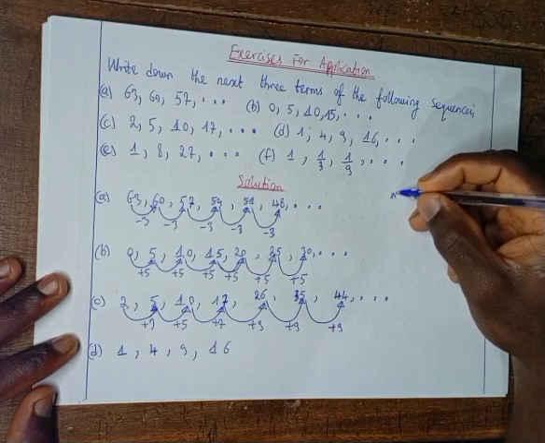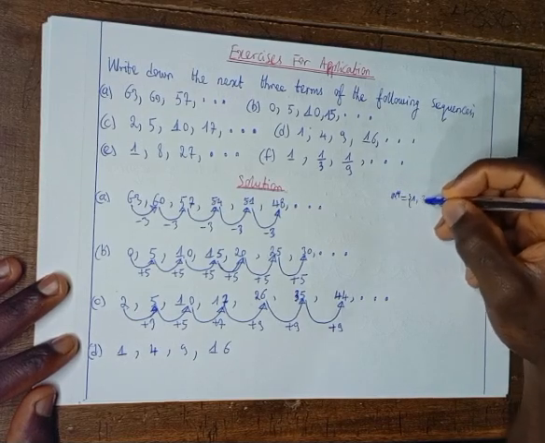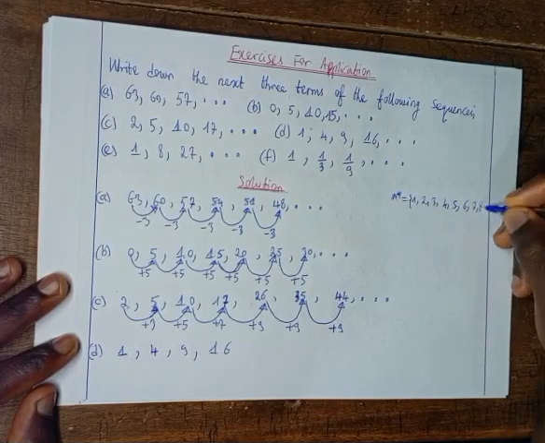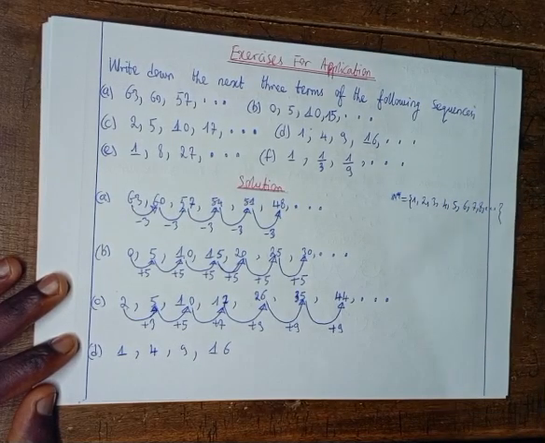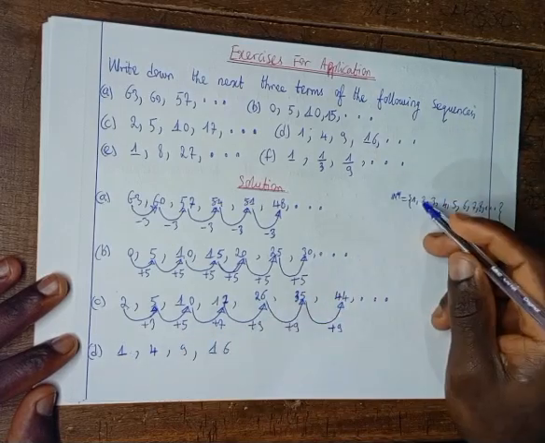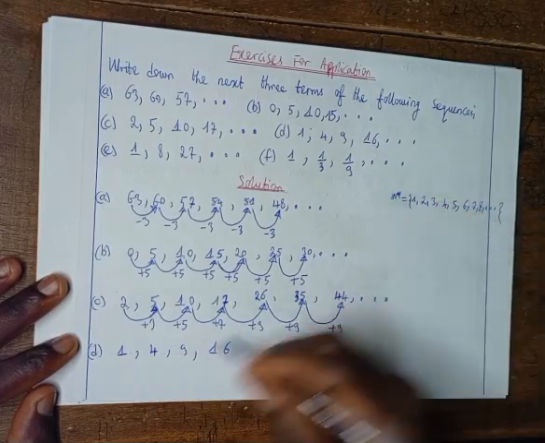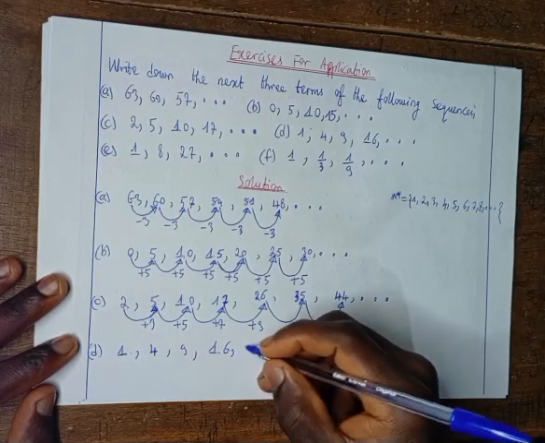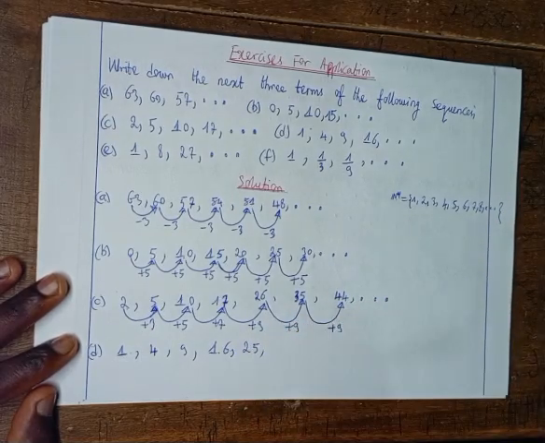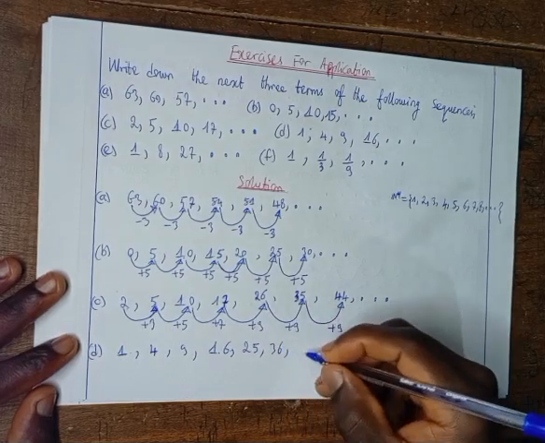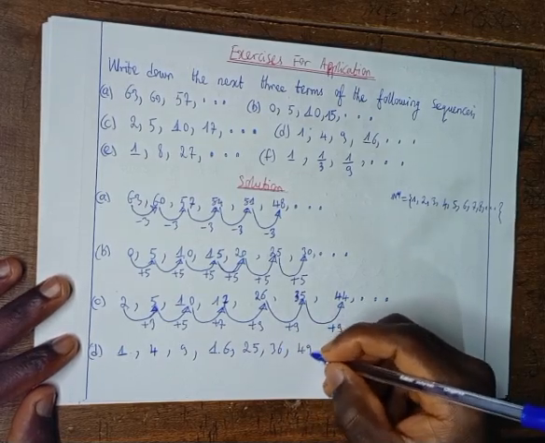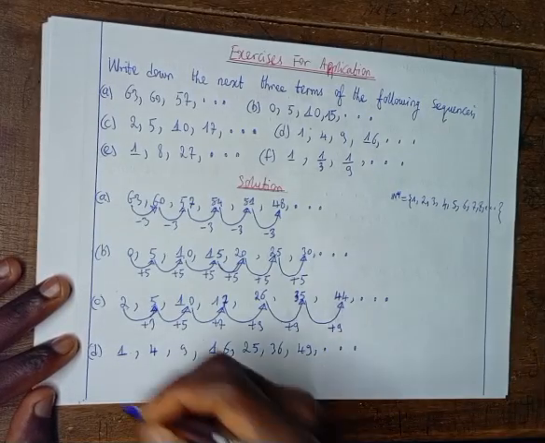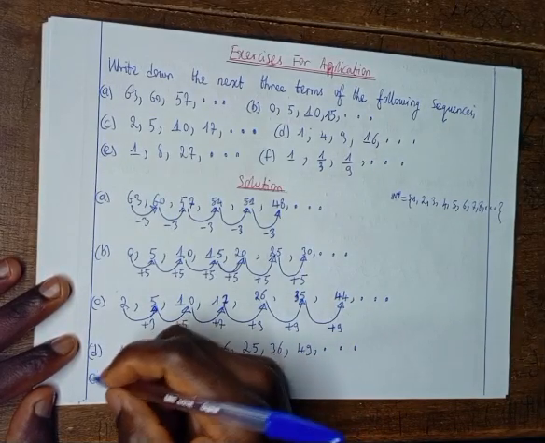That means n starts from 1, 2, 3, 4, 5, 6, 7, 8, 3 dots. 1 squared gives us 1, 2 squared gives us 4, 3 squared gives us 9, 4 squared, 4 times 4, 16, 5 squared, 25, 6 squared, 36, 7 squared, 49, then we end with the 3 dots, as such.